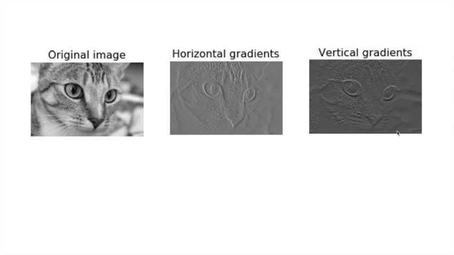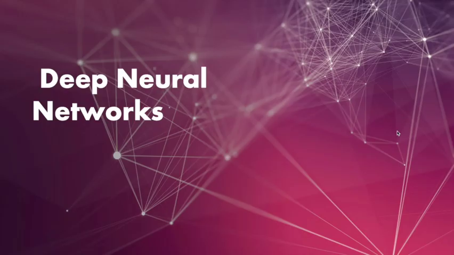Well, it is true that SIFT and HOG went a long way toward defining good image features. However, the latest gains in computer vision have come from a very different direction, and that is deep neural network models.